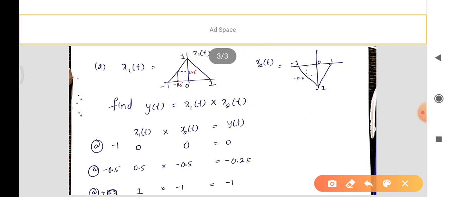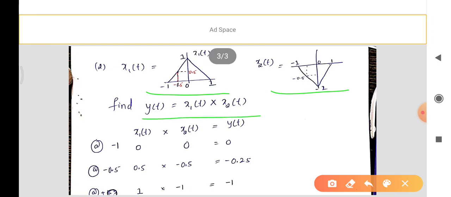Both are triangular signals, or you can say ramp signals, which I hope you would have seen in Laplace transformations in electrical circuit analysis. That we can deal with later. Now these two signals, we need to find the multiplication of.